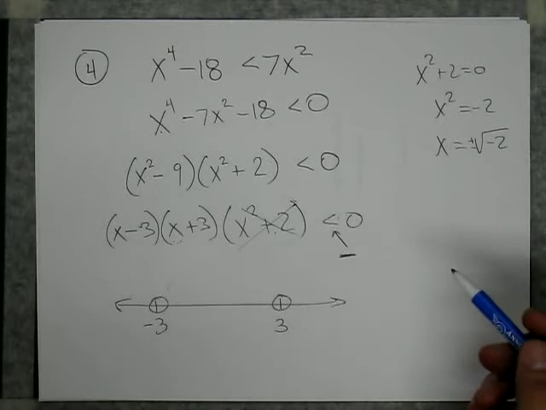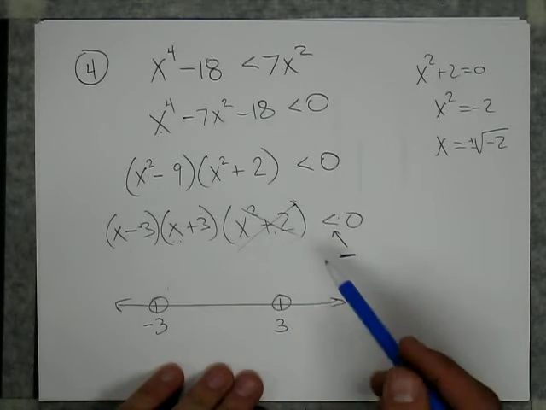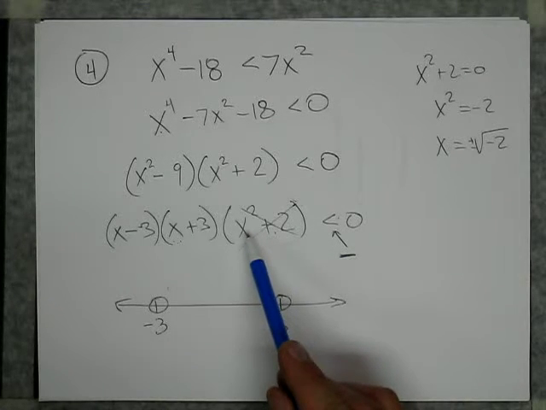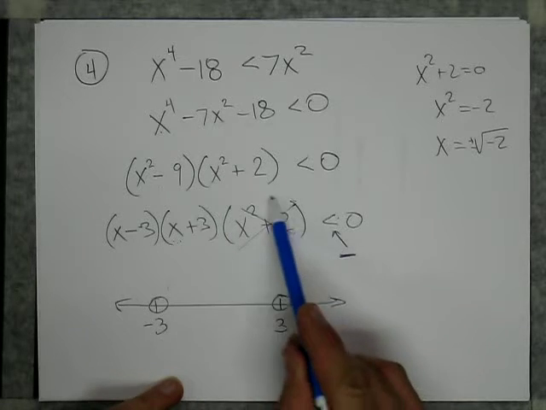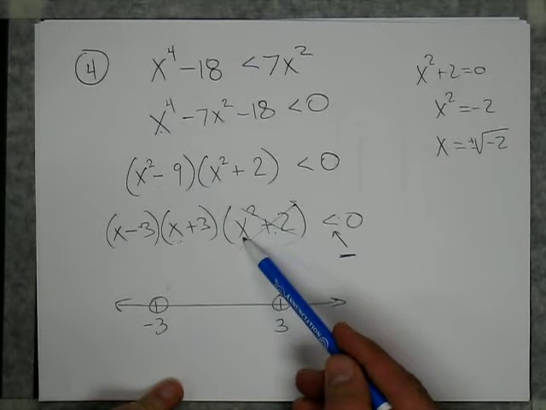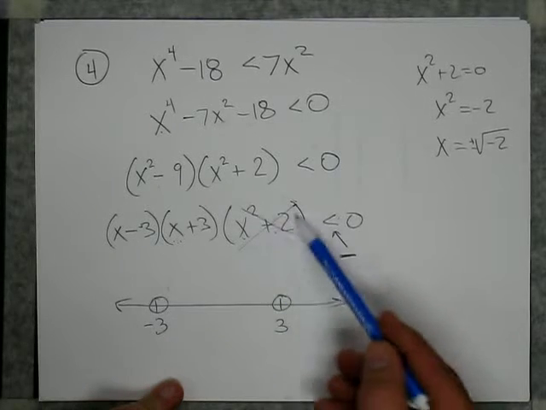Alright, so let's just plug in test points. Now, one thing to keep in mind, I crossed this out, I need to be careful, kind of go back to it. No matter what number you plug in here, you're always going to yield a positive. Because if you plug in a negative like 7, let's say, well, a negative 7 squared will turn into a positive 49. And so 49 plus 2 is a positive.